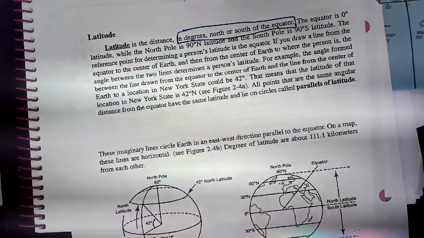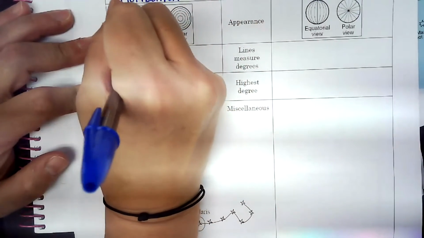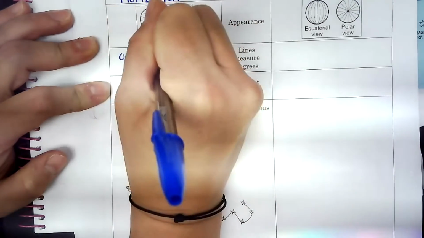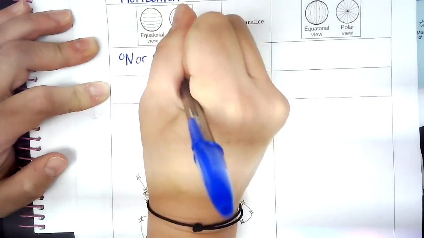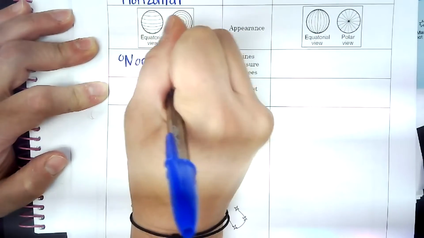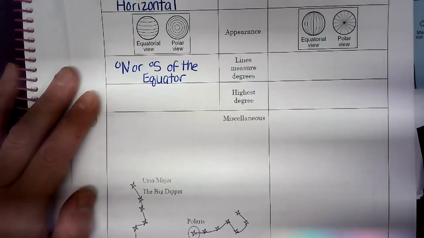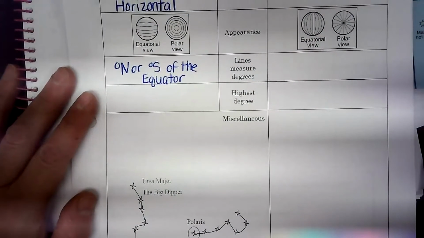Let's go back to the reading. Oh, it's the first line. Latitude is the distance in degrees north or south of the equator. That's what you put here: degrees north or degrees south of the equator. It tells us whether we are north of the equator or south of the equator.